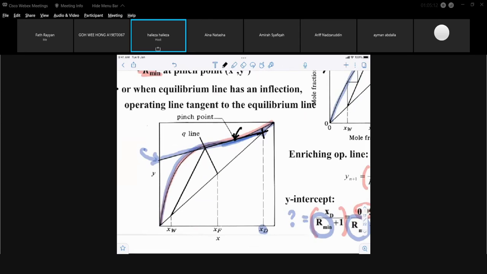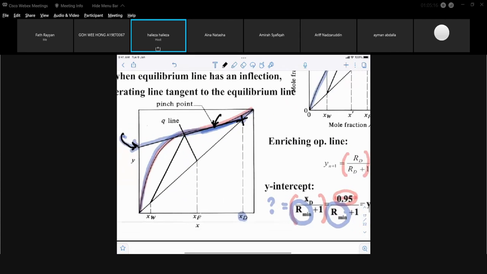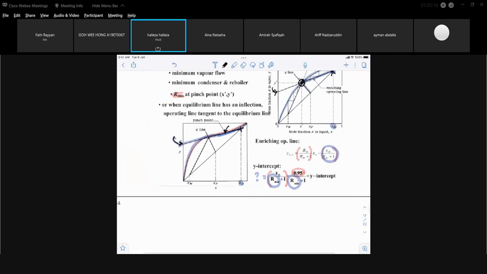So you will get your straight line, and that is your y-intercept. That's how you get your R min, by putting the value of your y-intercept into this equation and solving for R min.